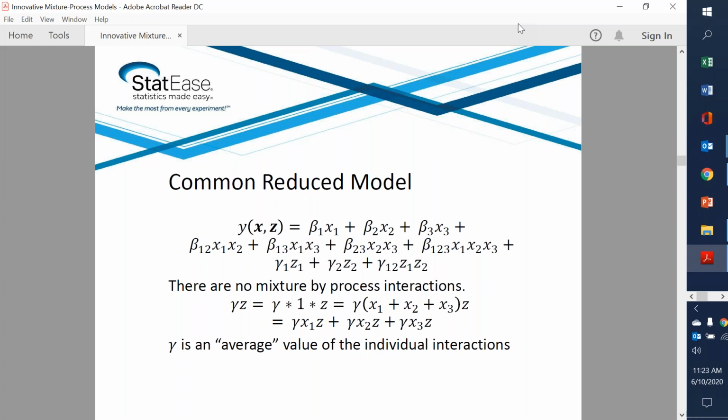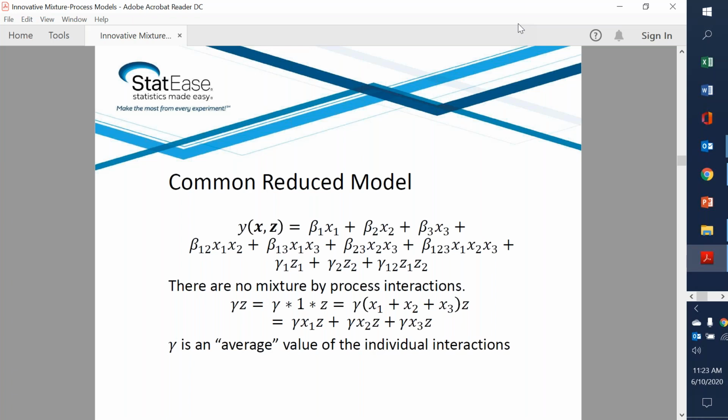And here is the basic model that he would be running on this, because this one had no mixture by process interactions. That's the typical way he would approach the mixture amount problem, because it's noise. He's not interested in the mixture by the noise interactions. They're not of interest to him.